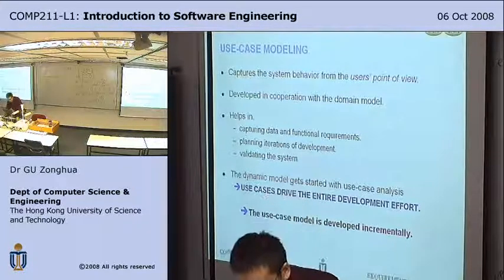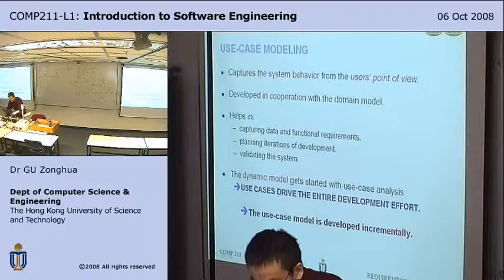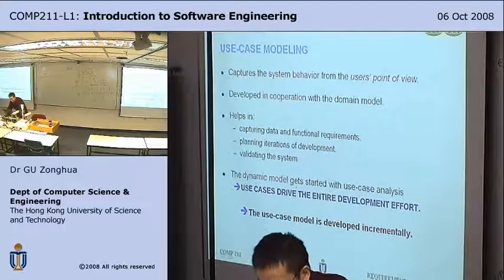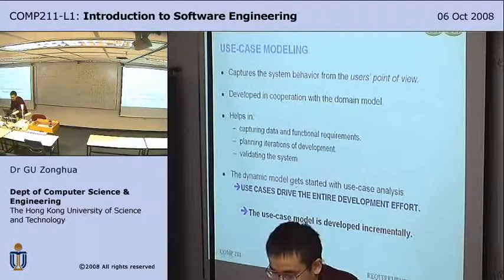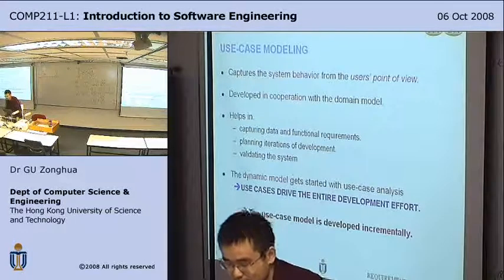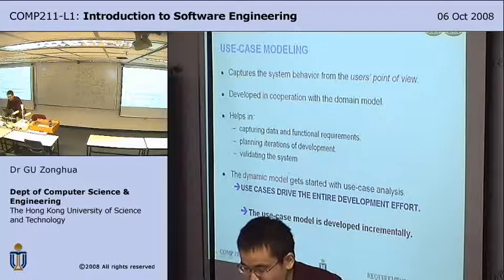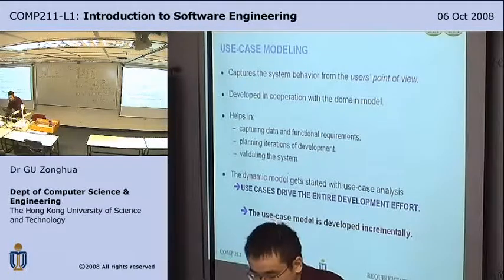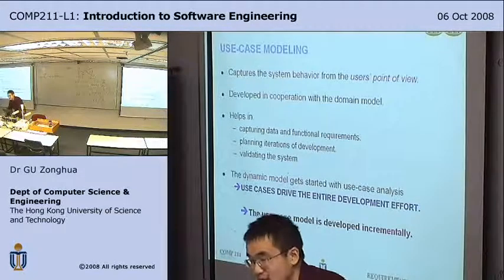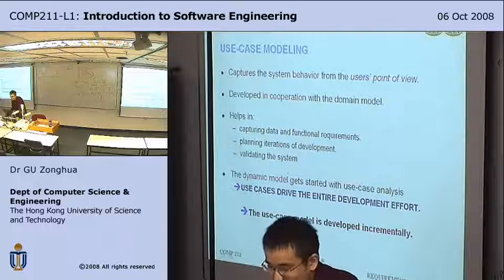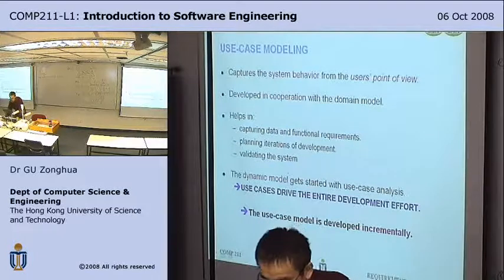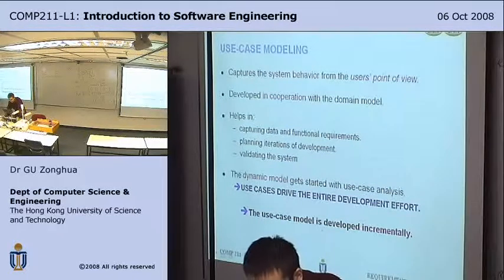So it drives the entire development effort, because essentially when you refine your system from high level of abstraction to a more detailed level, it's always based on use cases. So you should establish traceability from use cases to the more detailed models and back. So use case model is developed incrementally.